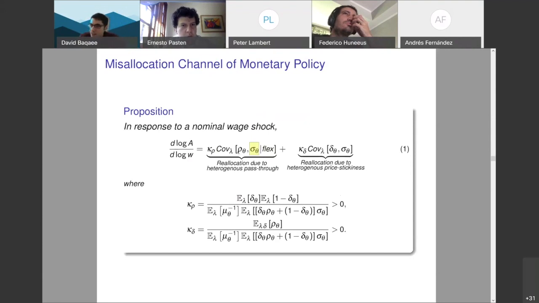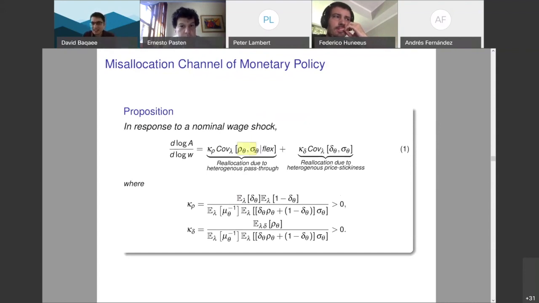So what happens when monetary policy raises the marginal cost? When marginal cost goes up, the high markup firms cut their markups by more than the low markup firms because they have incomplete pass-through. Because they're cutting their markups, that's going to reallocate resources to them. Because you're reallocating resources away from low markup guys towards high markup guys, that's going to boost aggregate productivity.